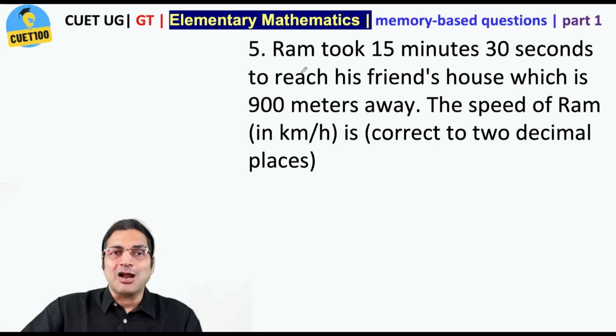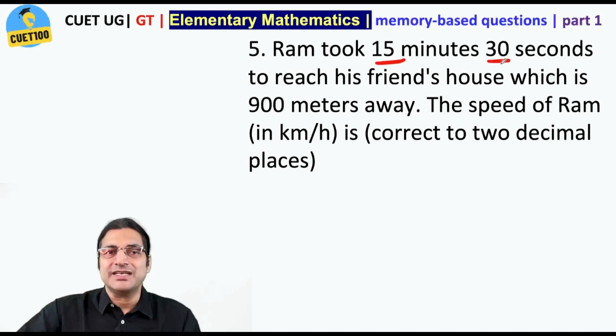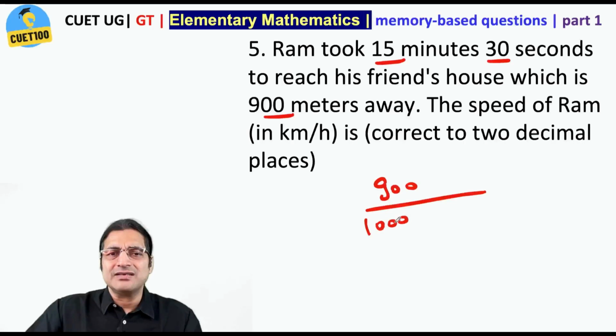Ram took 15 minutes 30 seconds to reach his friend's house, which is 900 meters away. The speed of Ram in kilometer per hour, correct to 2 decimal places. 900 meters means 900 divided by 1000 kilometer.